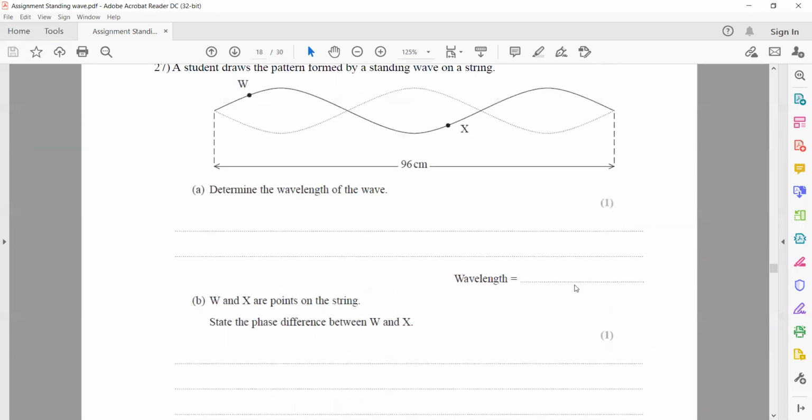As they are traveling in opposite direction, the particle at W tends to move towards the mean position, and X also tends to move towards the mean position. That is why these 2 points are anti-phase, or the phase difference will be pi radian.